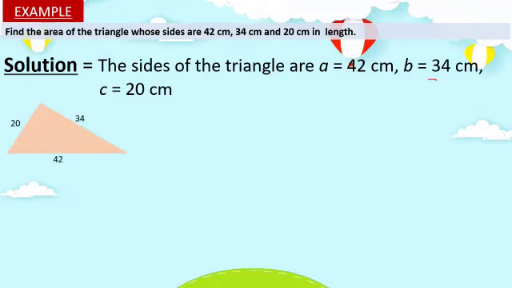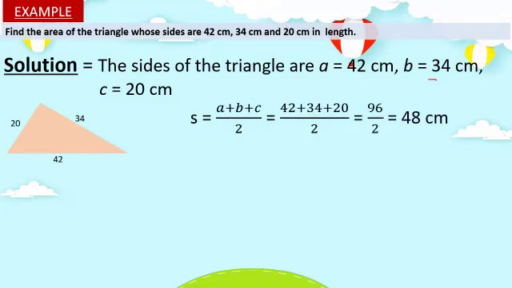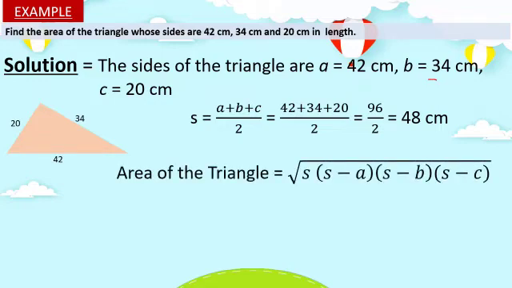First of all, we will find out the semi-perimeter. S is equal to A plus B plus C divided by 2, that is 42 plus 34 plus 20 divided by 2, which is equal to 96 divided by 2, which is equal to 48 centimeter. Semi-perimeter is equal to 48 centimeter. Now write the formula.